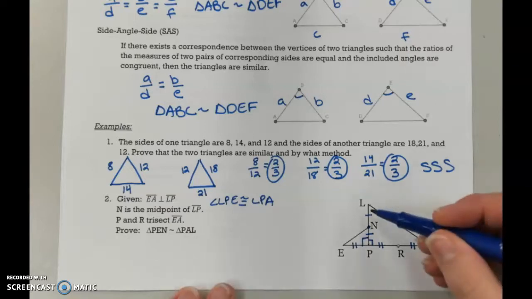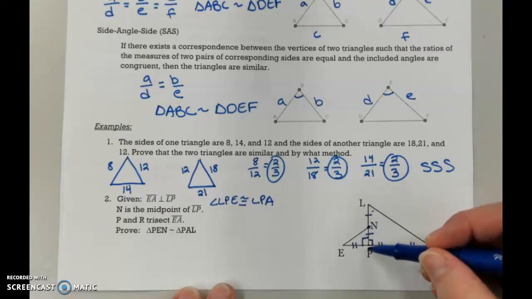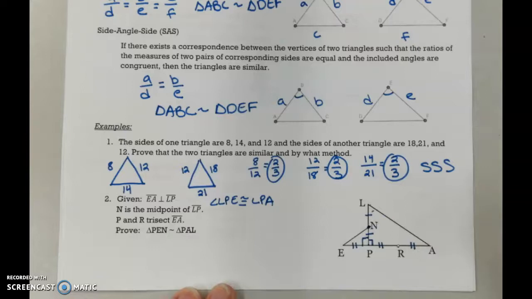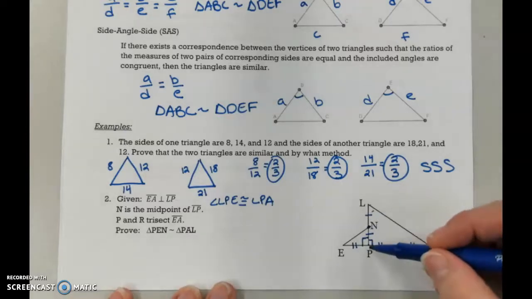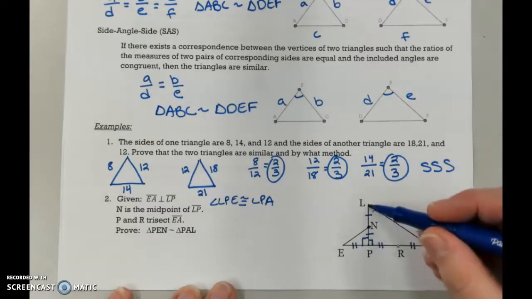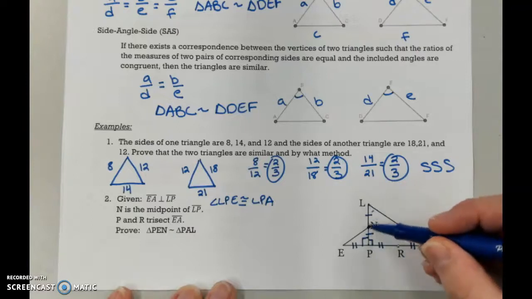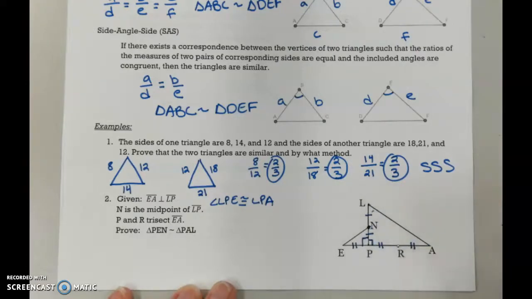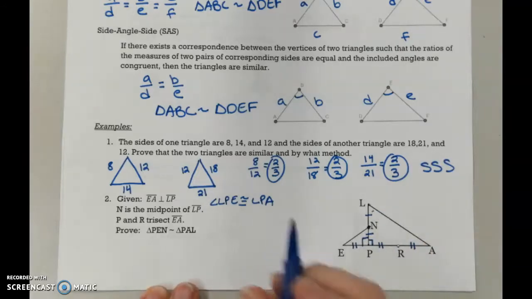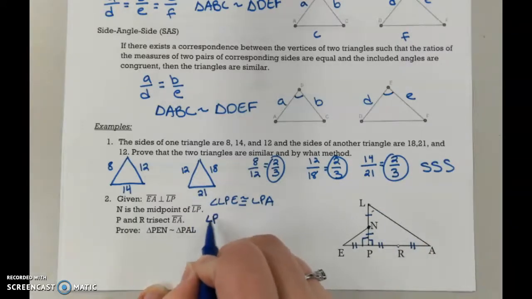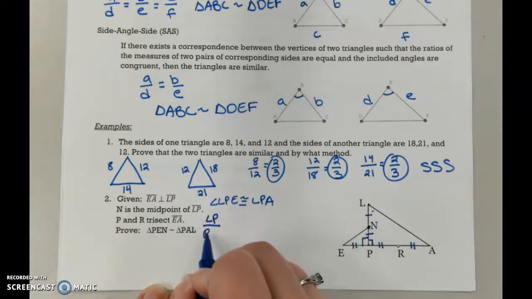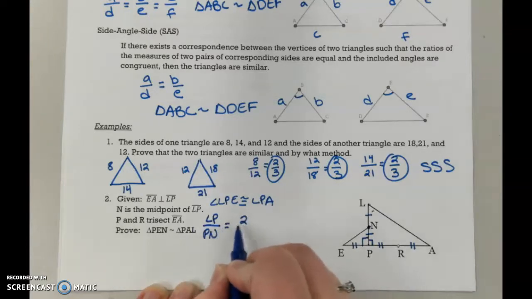So because LN and PN are congruent, PL or LP, however you want to say it, this segment we know is twice as long as PN because it's twice of the same measure. So this ratio of LP to PN would be 2 to 1.